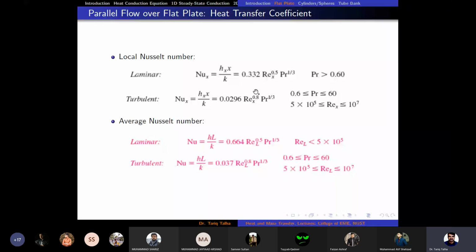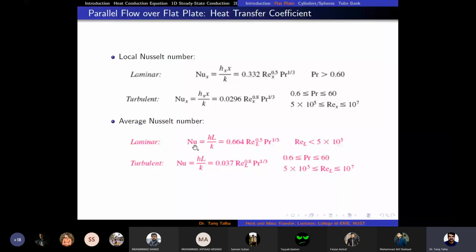If we do the integration, you can see that 0.332 becomes 0.664 after integration, and then the Reynolds number. Now here it is Re_L instead of Re_x, which represents the Reynolds number at the right edge of the flat plate. It means instead of x, it would be the length of that flat plate, right?